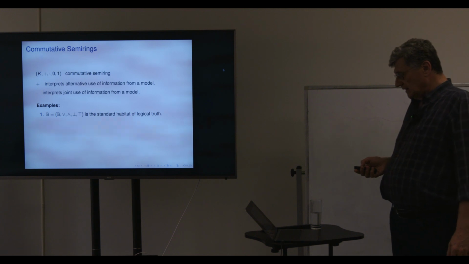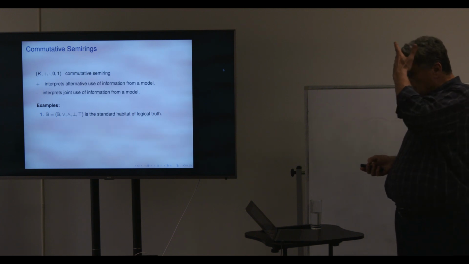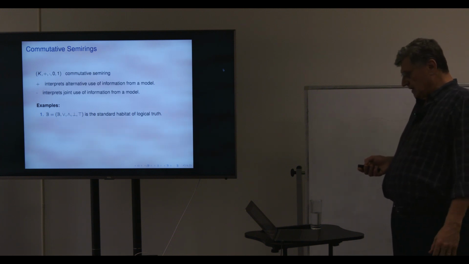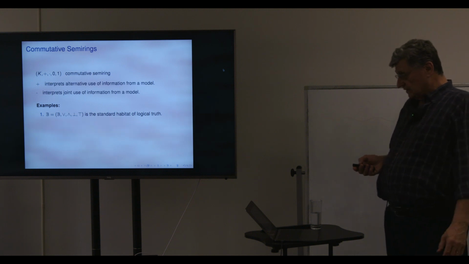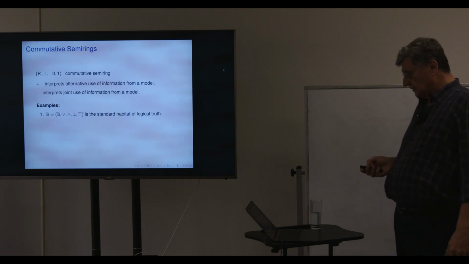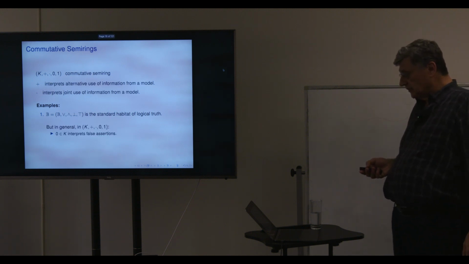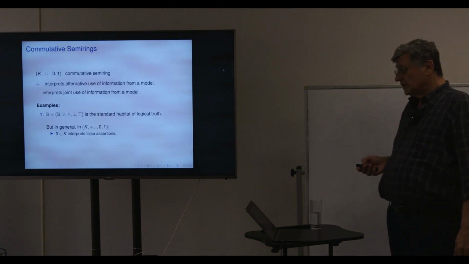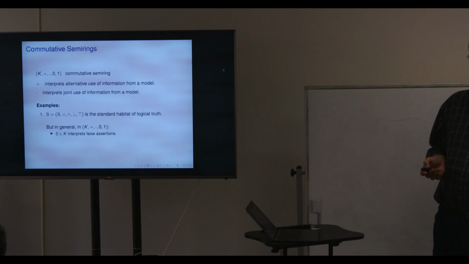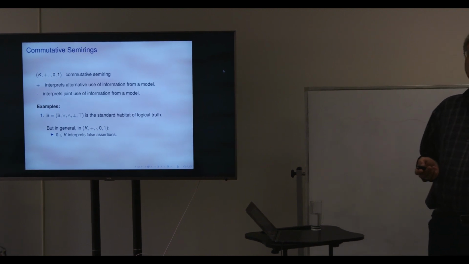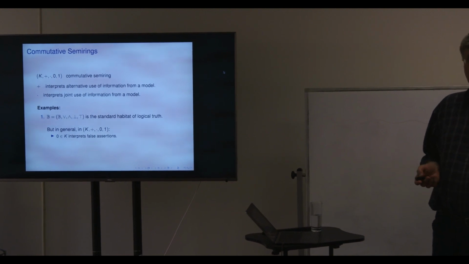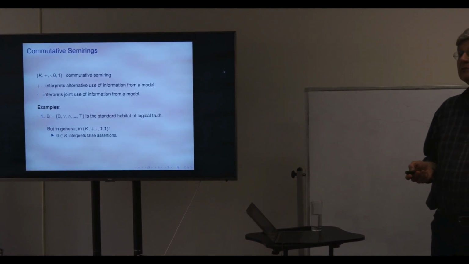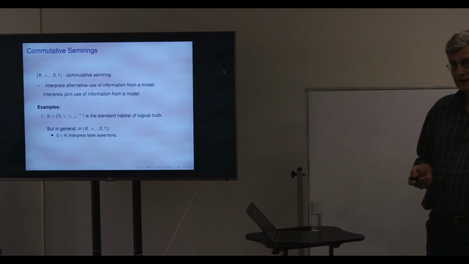So what are the examples of commutative semirings that we use? The Booleans I've just told you about. So this is where we do logical truth. For us, however, when we work in a general commutative semiring, only the intuitive interpretation of 0 is the obvious one. You can guess it's going to mean false. So false is definitive.